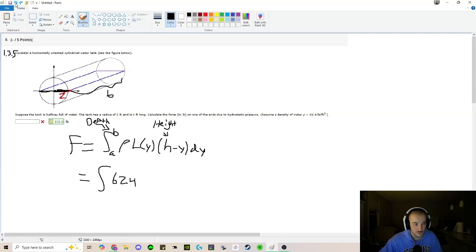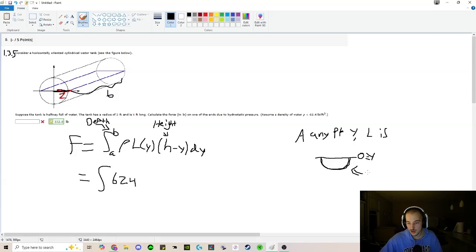Well, our length at any given point y follows this circle here, the semicircle. So if we call this line y equals 0, then this curve should be following the circle.